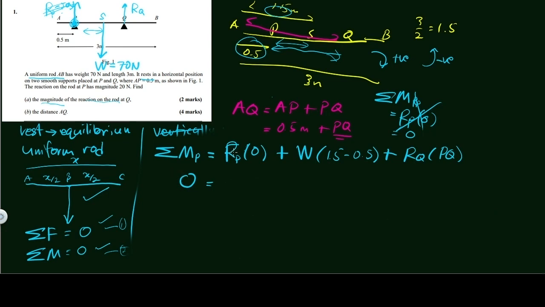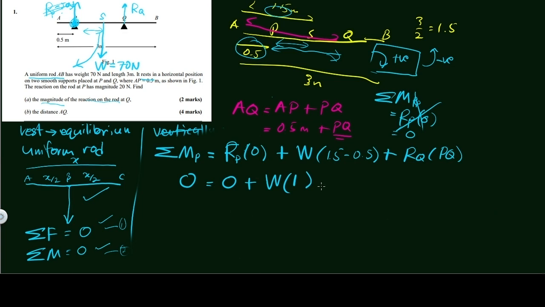RP times 0 gives 0, plus W times 1.5. Looking at W, with this as our pivot point, it produces a clockwise moment, which I consider positive. So W times the distance 1.5.